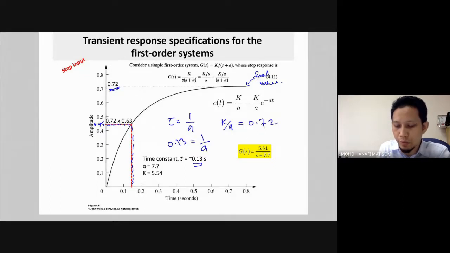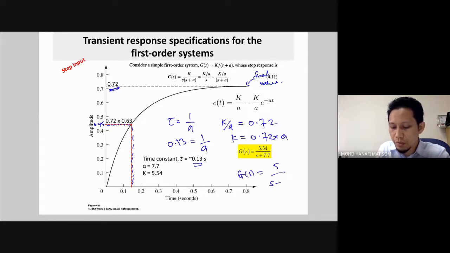So we can find the value of K by multiplying by a. Okay, so what you get is the value of K equals 5.54, and the value of a is 7.7. So basically, this plot, when you plot it in MATLAB, is plotted by this expression, 5 over s plus 7.